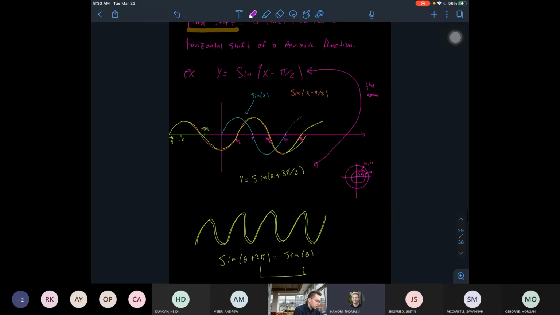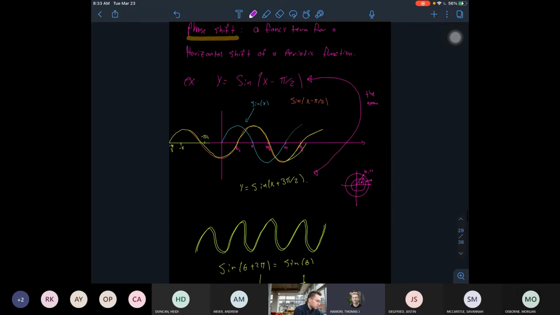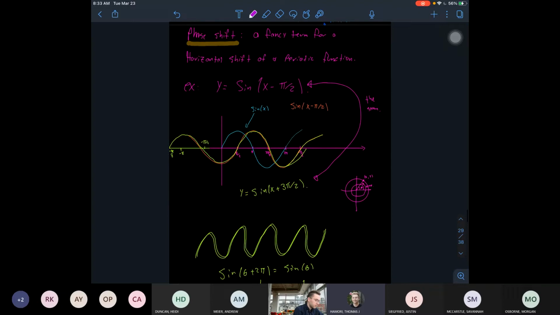And then I think almost the last thing we talked about was phase shifts, which is the weird word we use to describe a horizontal shift of a periodic function, or a trigonometric function.